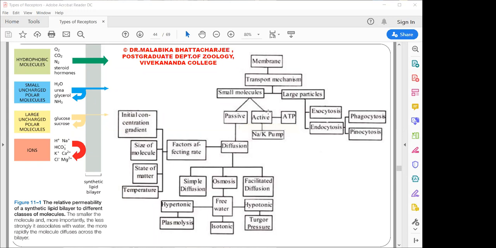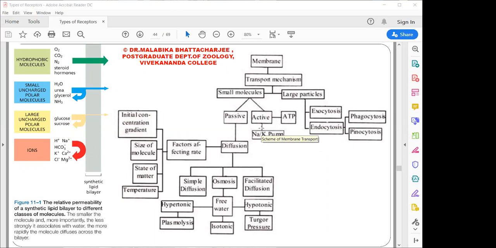But active transport usually involves molecules which move from a region of lower concentration to a region of higher concentration with the involvement of energy. So this is an ATP driven process. You need energy to move molecules from a region of lower concentration to a region of higher concentration.